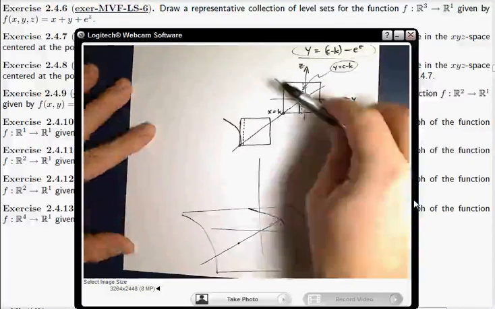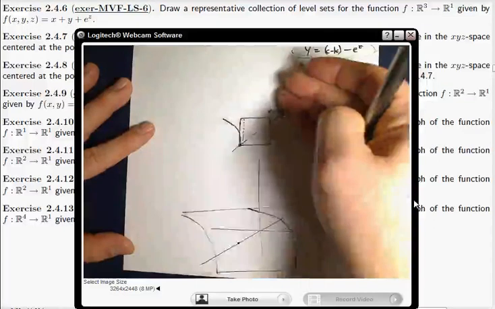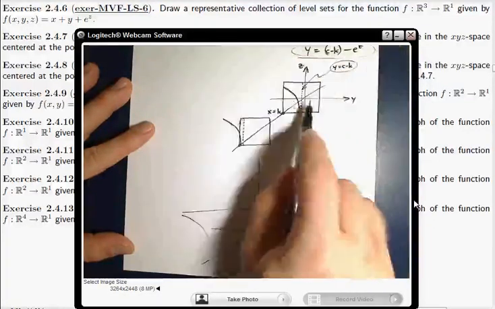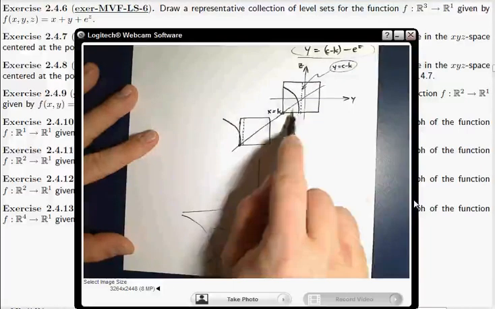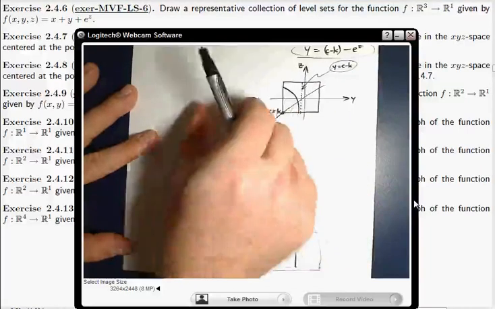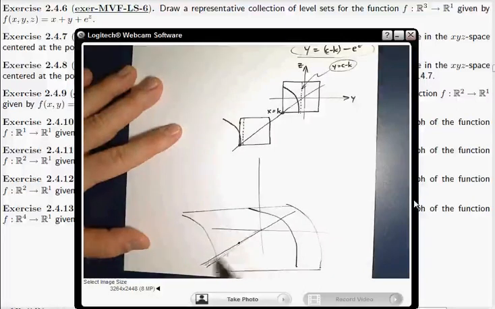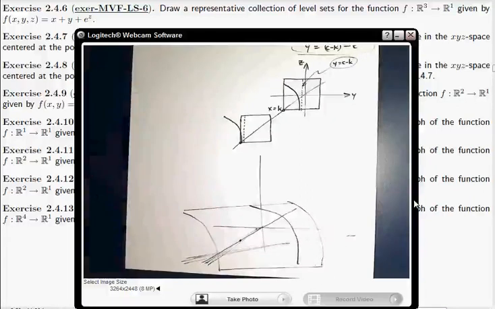Right? Because as you come out away from the YZ plane, then that k is increasing, which means this whole thing here is moving to the left. So it's not parallel to that. It's parallel to some line like that, which I didn't draw very well.